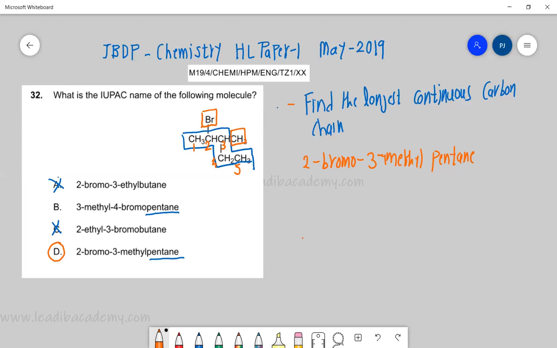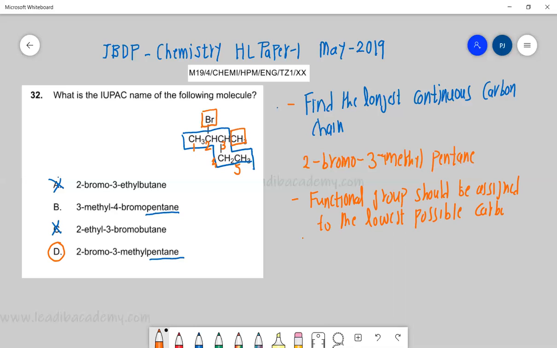That this was the first one, and the second, that the functional group should be assigned the lowest possible carbon number.